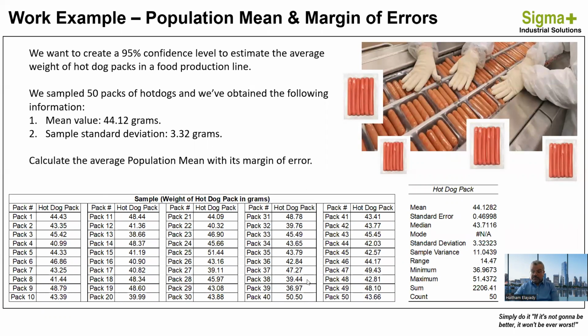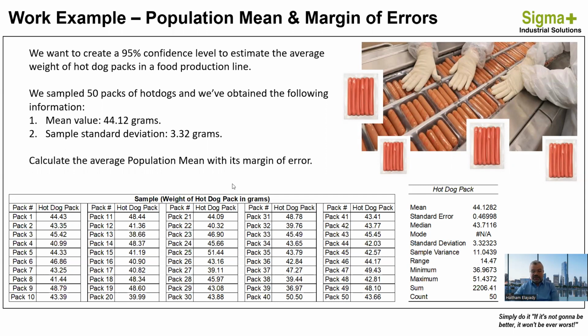So we have here the sample size of 50 readings of the different weights of the hot dogs, and descriptive statistics showing the mean value of 44.12 gram and the sample standard deviation equal to 3.32 grams.